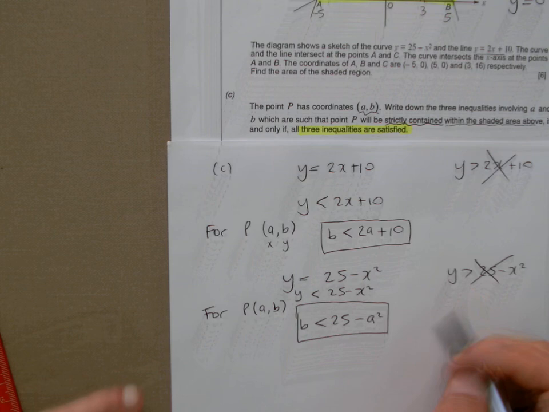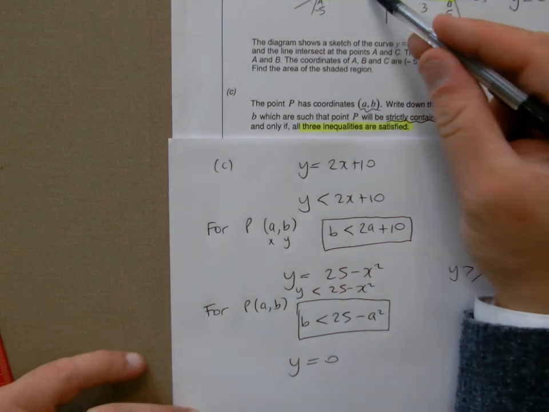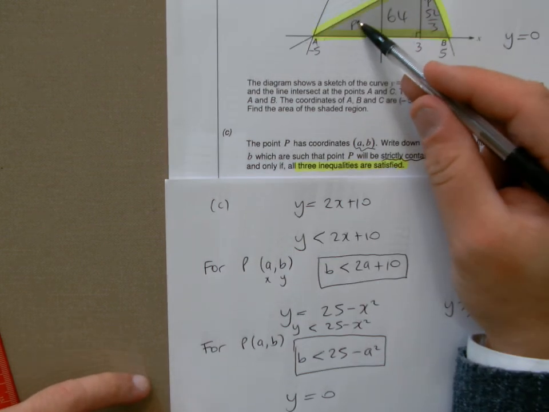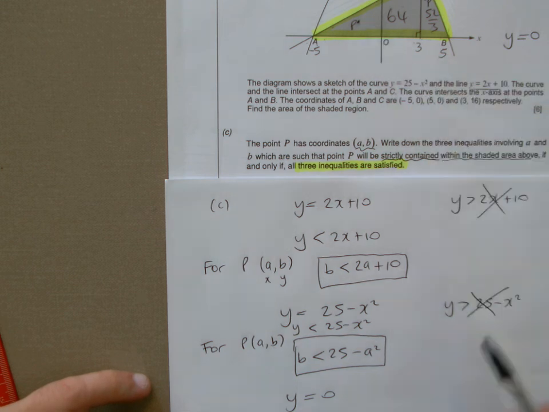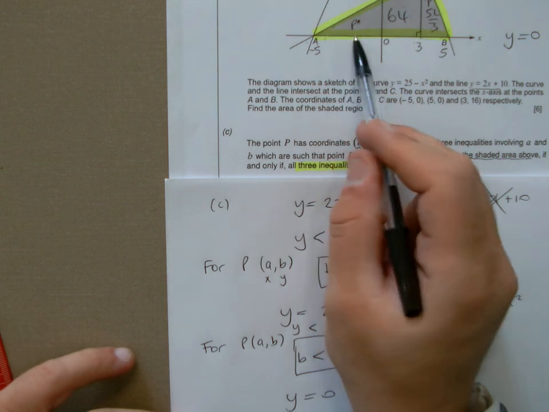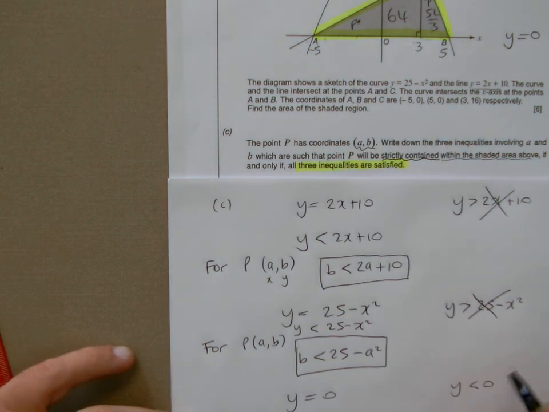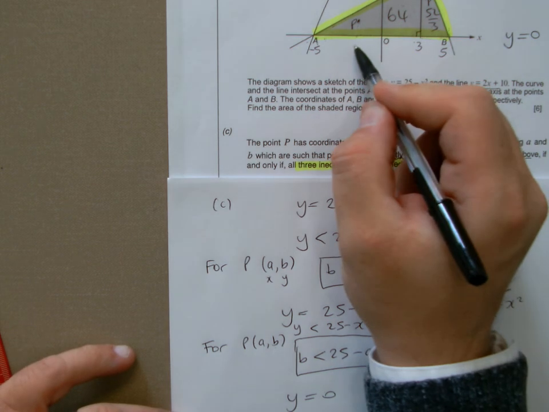So for y equals 0, take our general point P again here. Do we want our y value to equal 0? Well, no, we don't want it to equal 0 because we don't want it to be on the line. Do we want y to be less than 0? Well, no, if y was less than 0, we'd be down here.